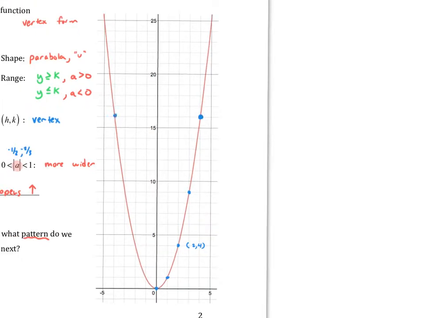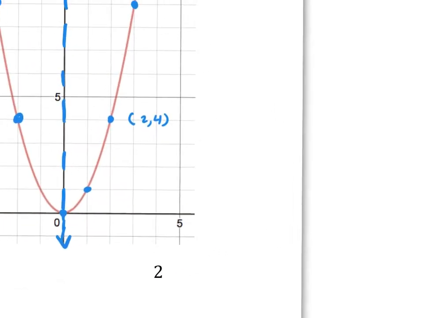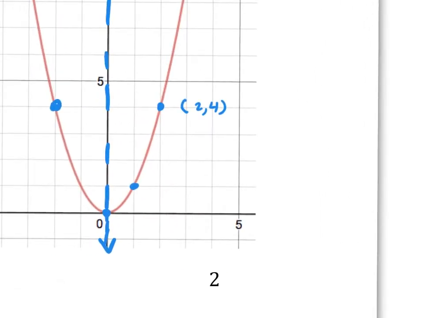Turns out there are other nice points on the other side of the axis of symmetry. And the axis of symmetry here is x equals 0. Okay, so we're just going to look at the positive side for now, just to establish a pattern. Of course, there's this one too.